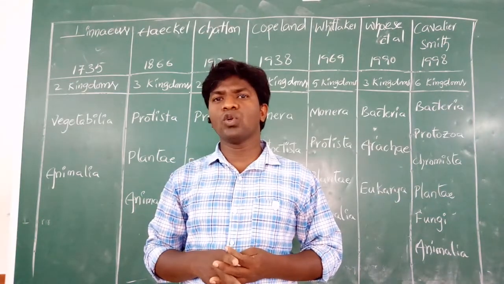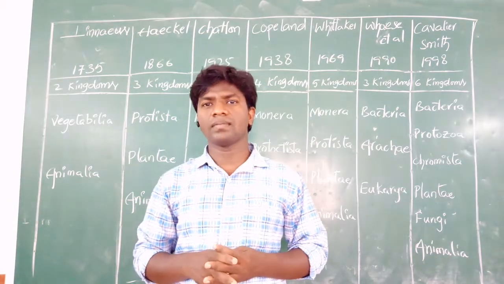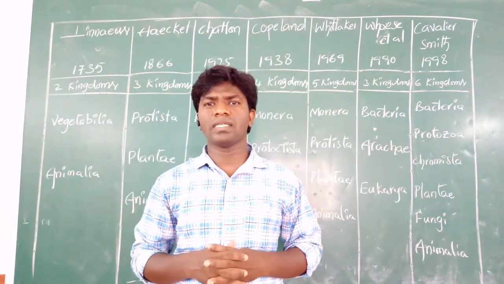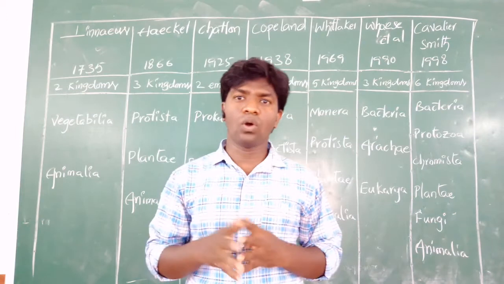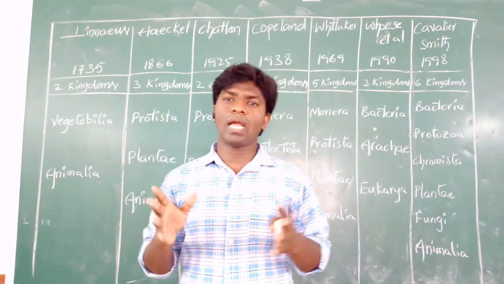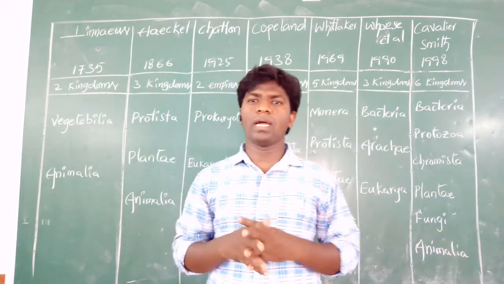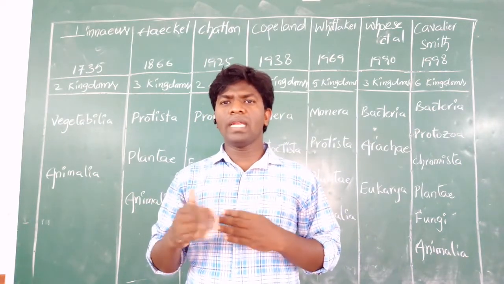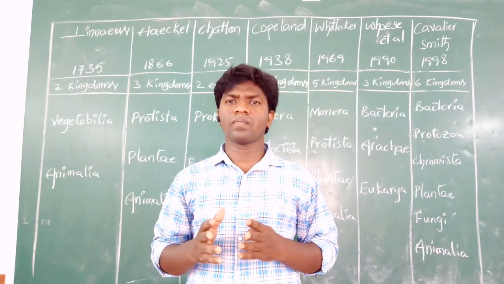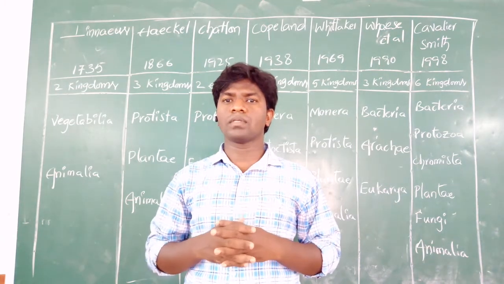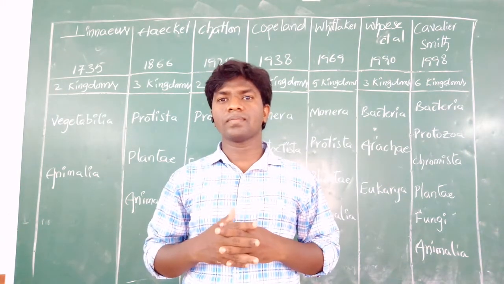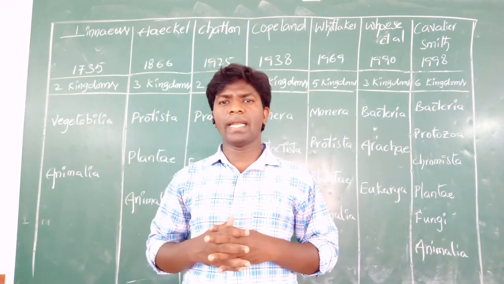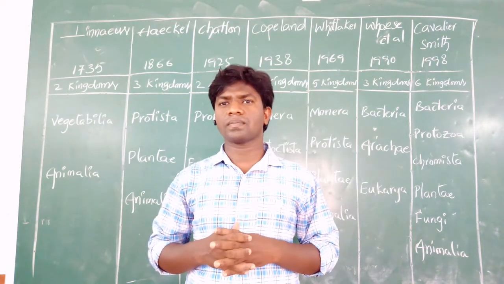He then grouped genera into families, families into orders, orders into classes, classes into phyla, and phyla into kingdoms. So Linnaeus identified 2 kingdoms, Animalia and Plantae. Animalia belongs to animals, Plantae belongs to plants.